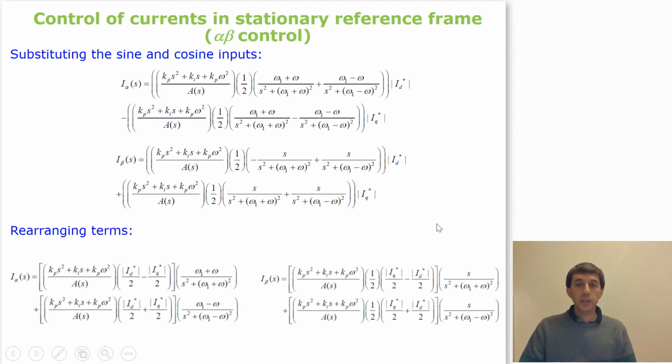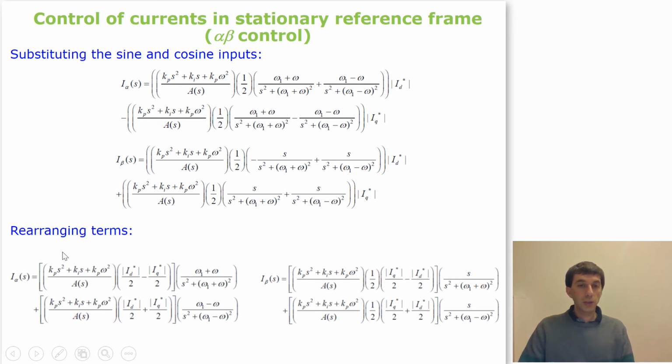So rearranging the terms and giving a little bit of order to both currents, alpha current is here and beta current is here. If we focus, for instance, only on alpha current, we realize that we have one term multiplied by this element and we have another term multiplied by this other element. This is a sinusoidal of omega 1 plus omega frequency, and this is another sinusoidal of this frequency, omega 1 minus omega.